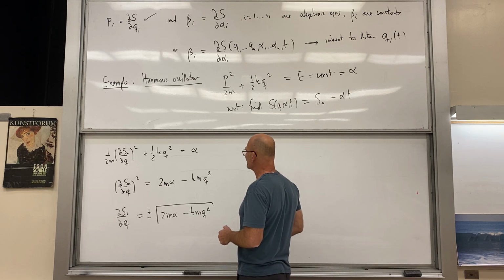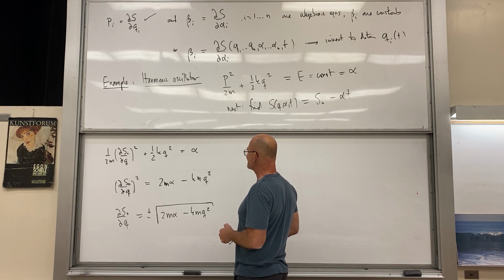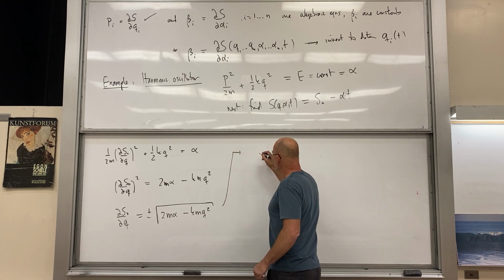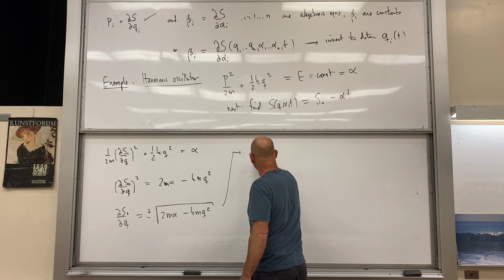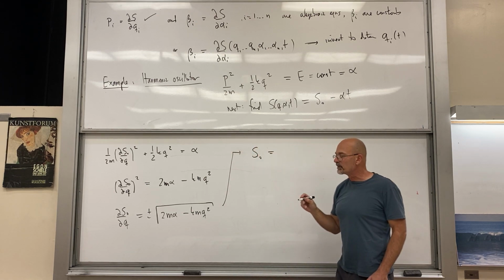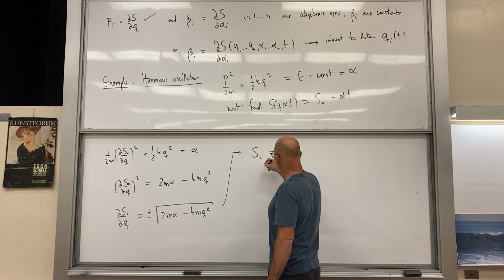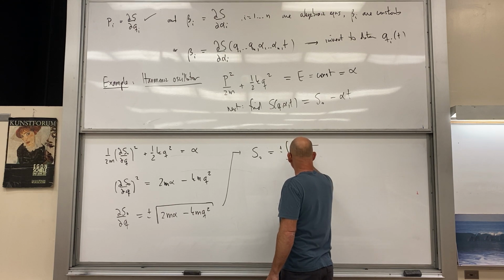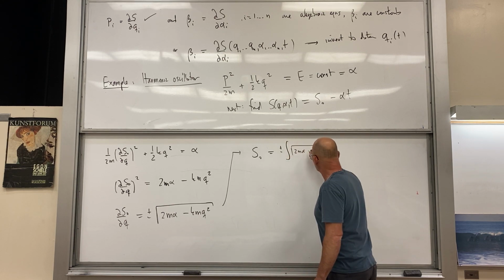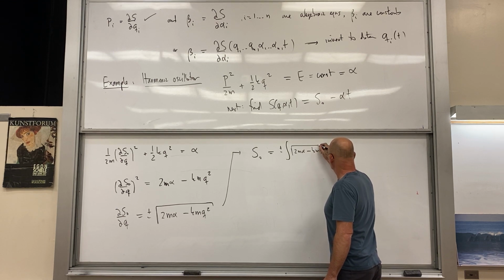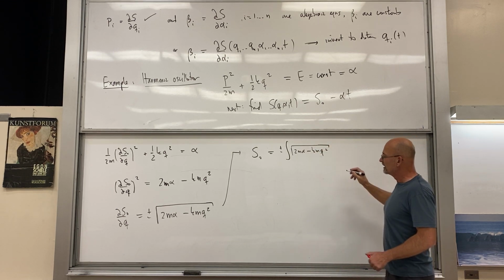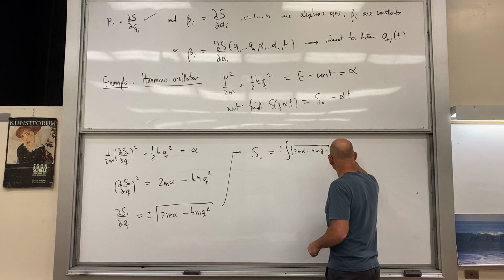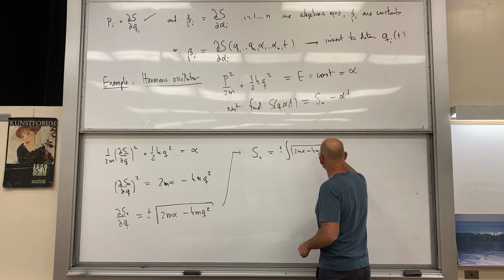And let's go ahead and formulate S naught like this. We're going to leave it in the form of the integral. So S naught is equal to plus minus integral root 2m alpha minus kmq squared dq. We can prime everything like that, q prime squared.